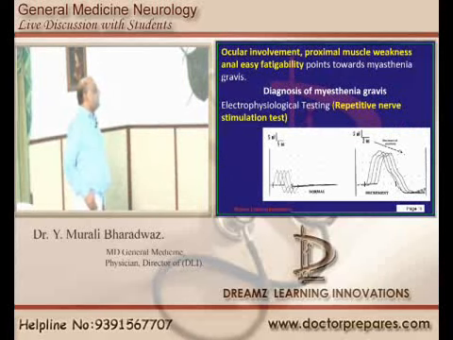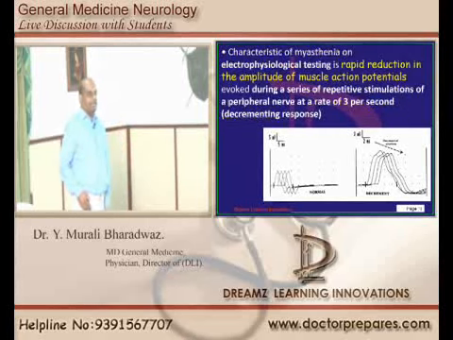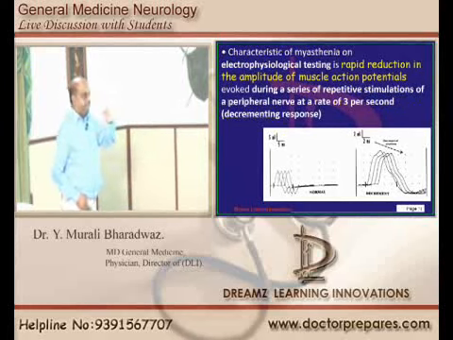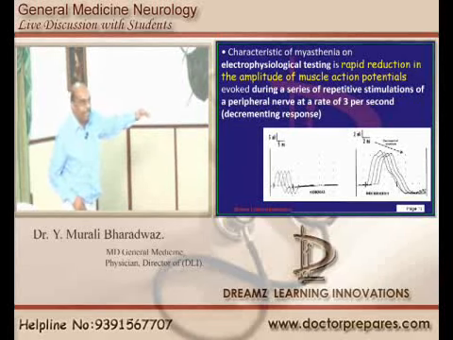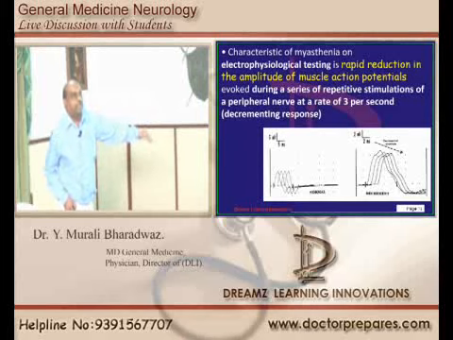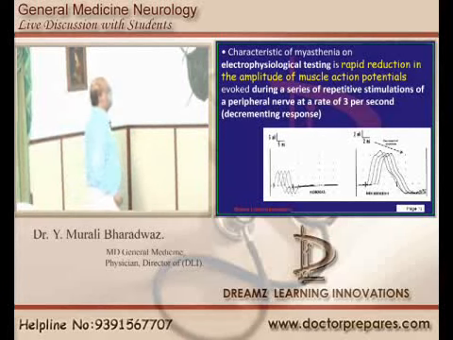In this, you will be constantly stimulating at a rate of 3 per second, and you will be looking at the amplitude. In normal muscle, the amplitude with every stimulation will be at the same level. But in a myasthenic muscle, slowly the amplitude of the muscle action potential will come down, which is classical of myasthenia.